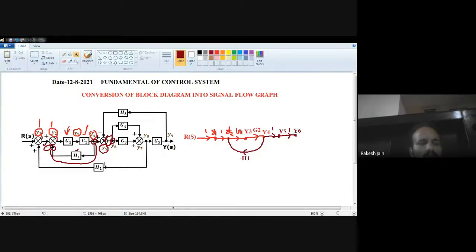Maybe you are facing a problem with this marking on the question. So I come again to the same question to show you more clearly.